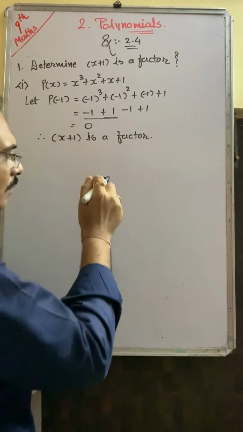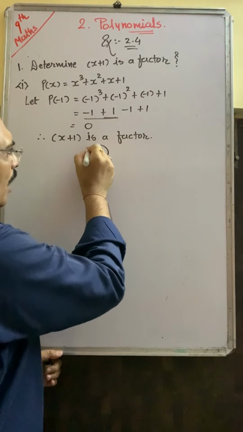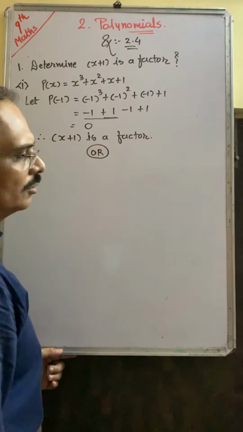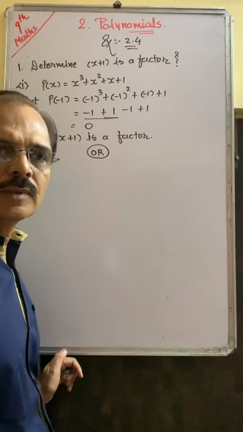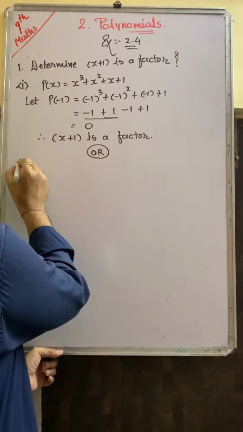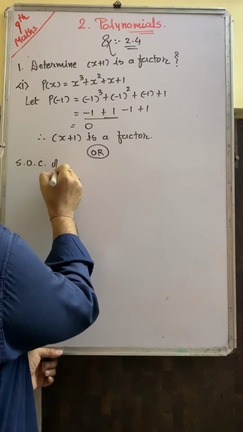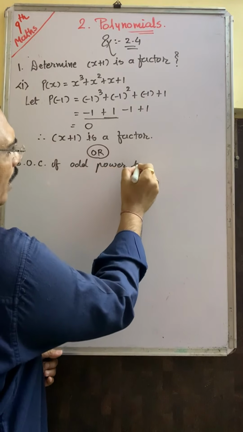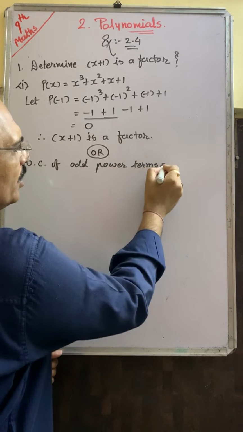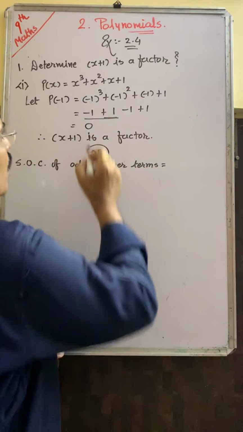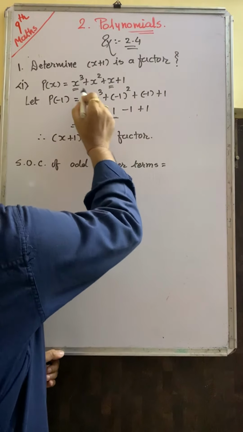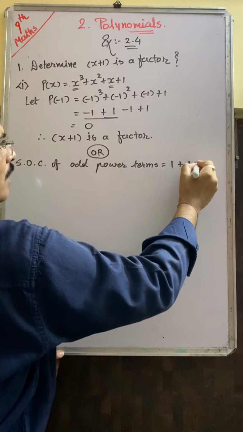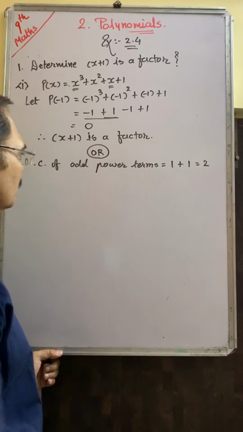Otherwise, with the help of the rule: all the terms are positive, so the sum of the coefficients of all the terms is not 0. So we apply the sum of the coefficients of odd power terms, find the odd power terms and their coefficients, and then add them. Odd powers, 3 power and 1 power, its coefficient is 1, plus its coefficient is also 1, 1 plus 1 is 2.